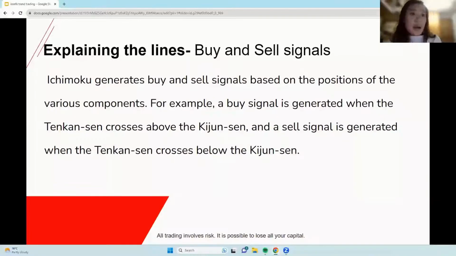Next, we have buy and sell signals. These depend on the positions of the various components. For example, a buy signal is generated when the Tenkan-sen crosses above the Kijun-sen, and a sell signal is generated when the Tenkan-sen crosses below the Kijun-sen.